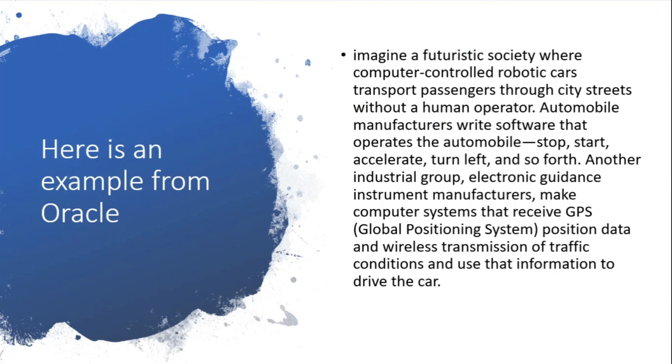There's an example provided by Oracle, which is the company that owns Java. You can go ahead to Oracle and have a look at it, but I'm just going to summarize what that example is. Imagine there's a manufacturer that makes cars, and this manufacturer doesn't create the whole car.